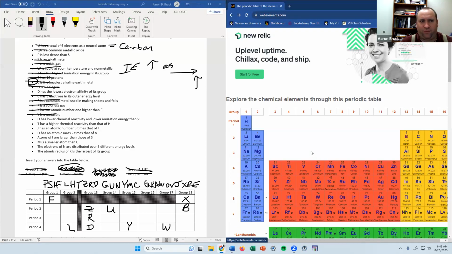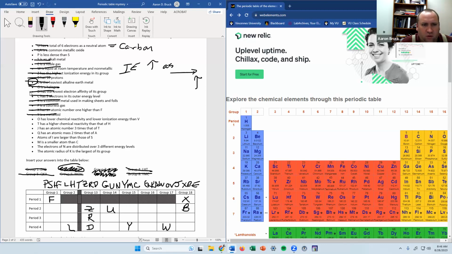But what the activity was going after was the general trend. The general trend is that electron affinity overall decreases as you go down the table, as opposed to increases. So that's where that assumption was made. So we should have already figured it out based off of Z, because that one's definitive. But there could have been a little bit of confusion for you from D if you were actually looking up the numbers.